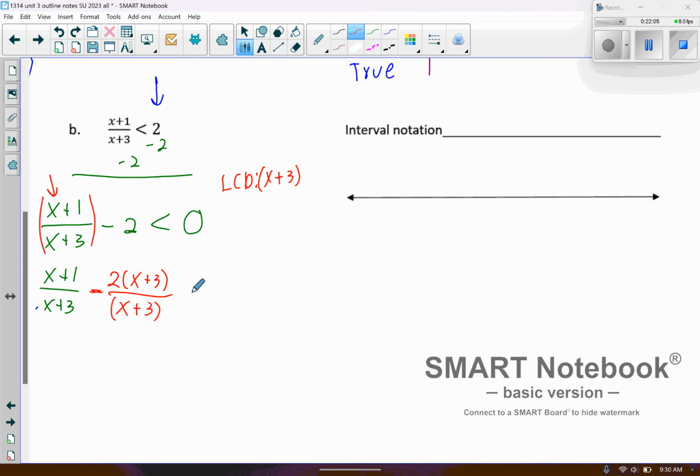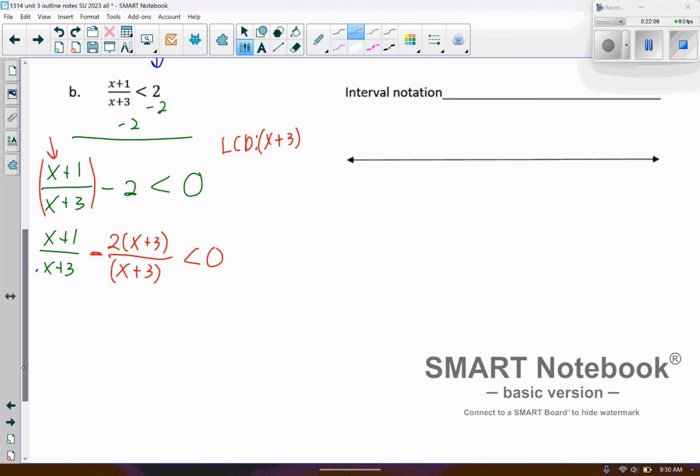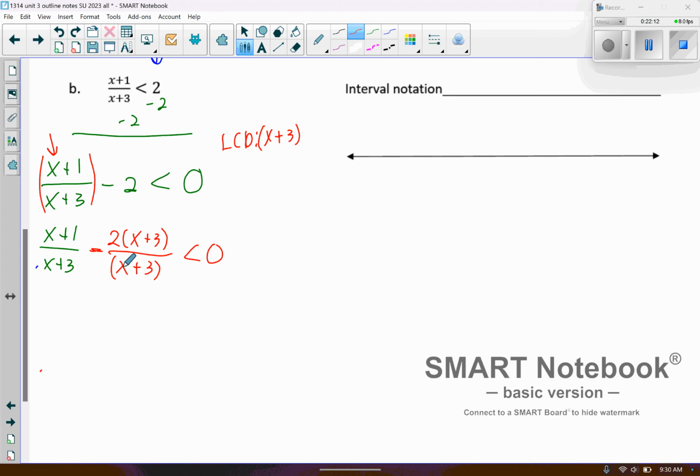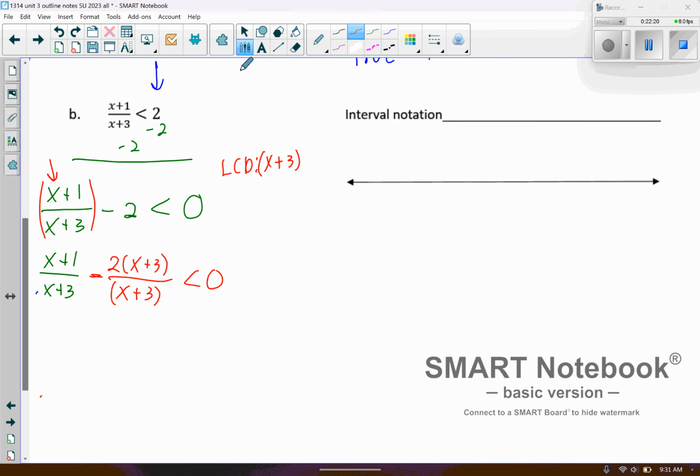Once again, a lot of things in math is just about manipulating things, and that's what I'm doing here. I manipulated this to where I have a common denominator. You have to have a common denominator in order to add and subtract fractions. Let me go ahead and put that rule down.